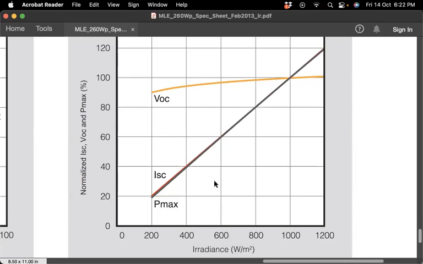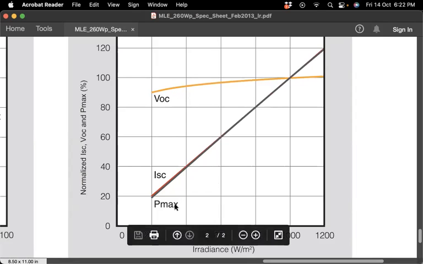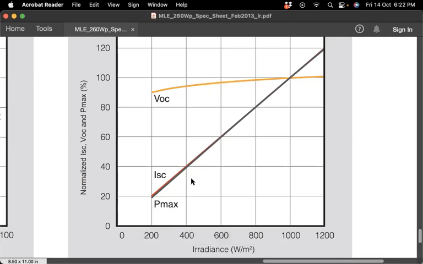This is not theoretically 100% correct, as you can see from this yellow curve, but the current variation is dominating as a linear function. That's why even when we plot the power, you can see that power is affected by current rather than by open circuit voltage, and this is clearly observed here. So you can somehow ignore the effect of open circuit voltage.